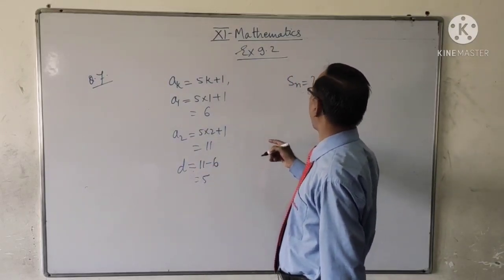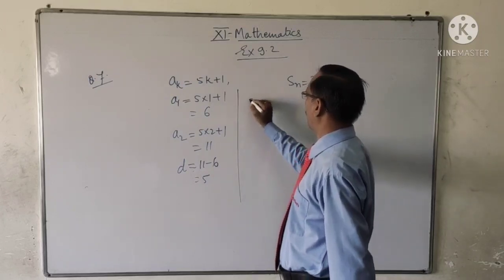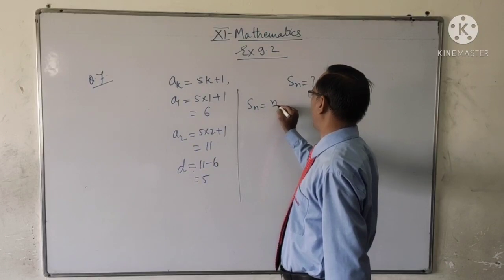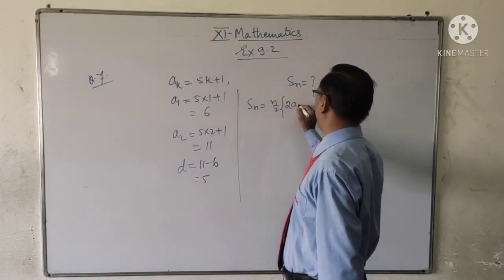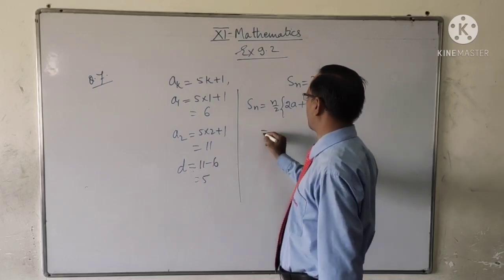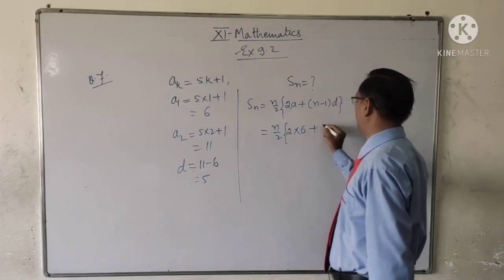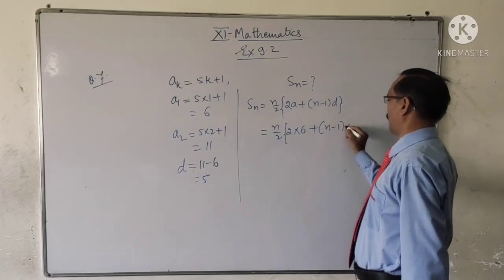Now we have to find the sum of n terms. There is a direct formula: Sn equal to n by 2 into (2a plus (n minus 1) into d). A is the first term, which is 6. So 2 into 6 plus (n minus 1) and d equal to 5.